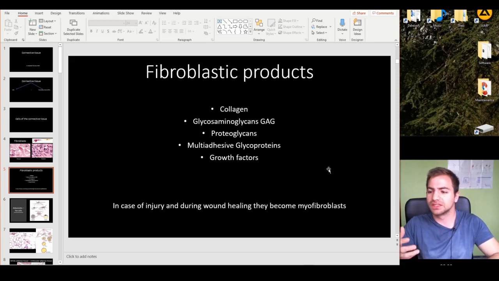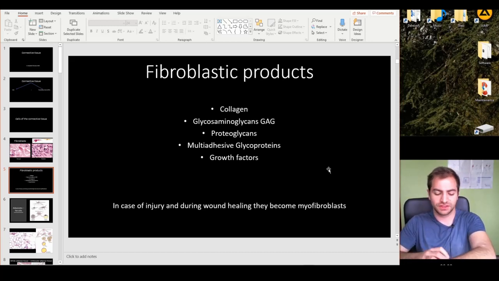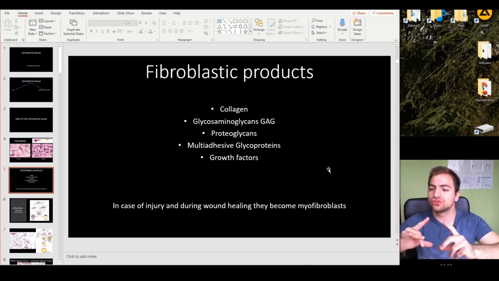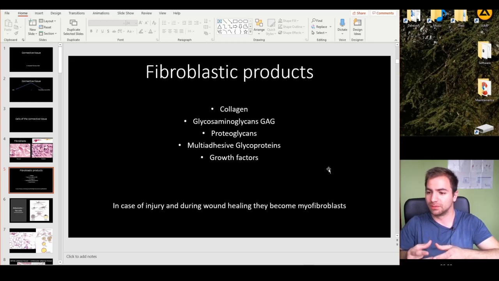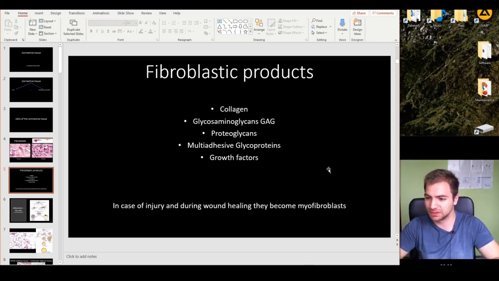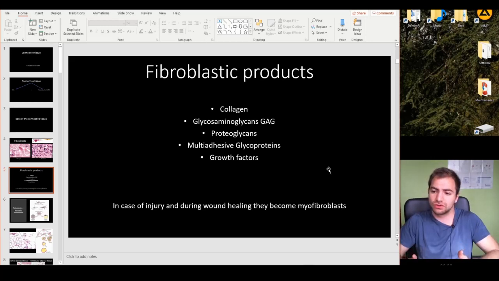This is, for example, why in scar tissues, in the scar after a deep injury, we can find this contracted, shrunken image of the trauma, and this is because of the presence of the myofibroblasts, because they both produce the collagen that's going to be the scar tissue part of it, and also this contractile appearance is because of these unique cells.